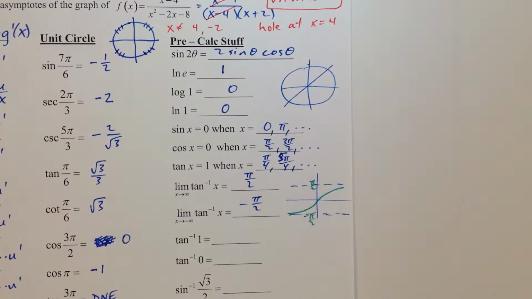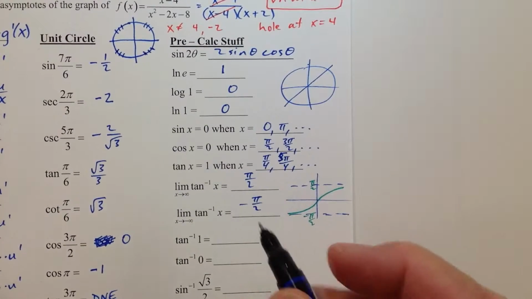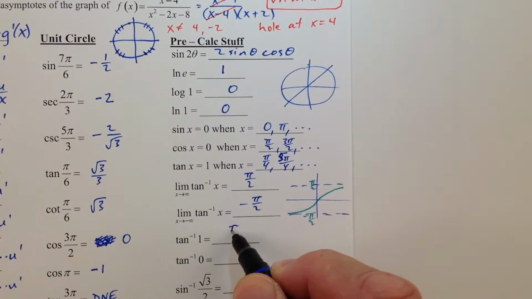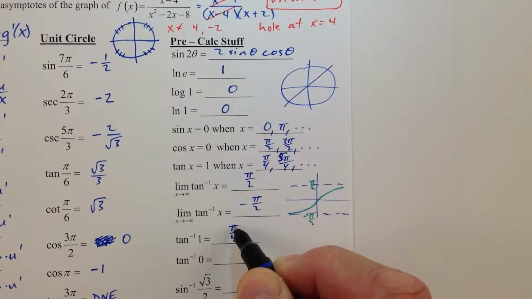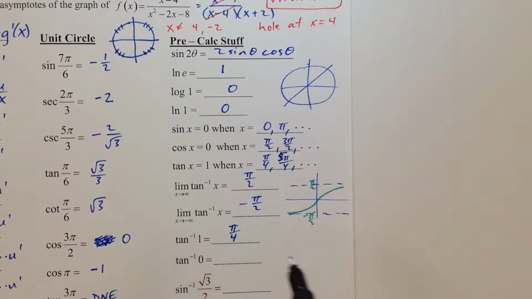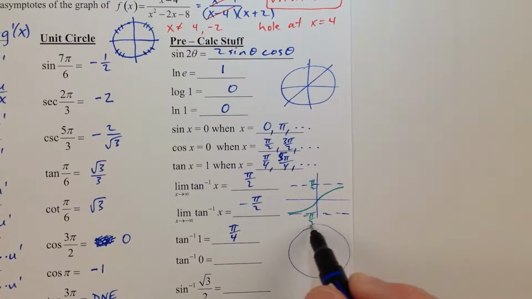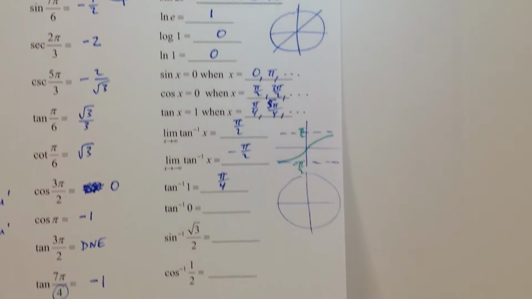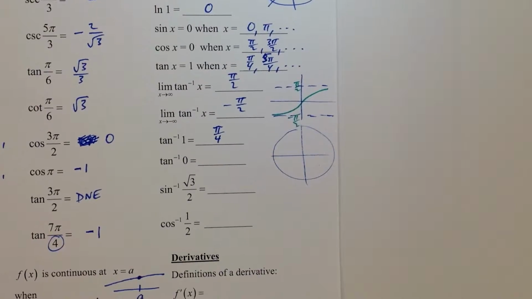Now the inverse tangent of 1 only has one value. Some students put two values in here, but the inverse tangent of 1 is pi over 4 because the tangent of pi over 4 is 1. But you remember, when we're dealing with inverse functions, we're dealing with a restricted domain of the tangent function.